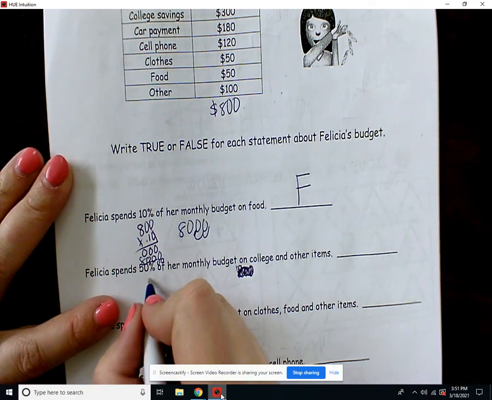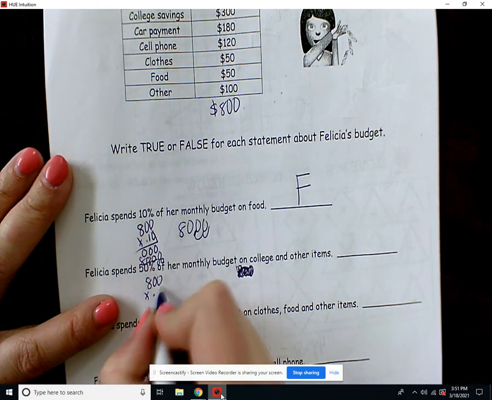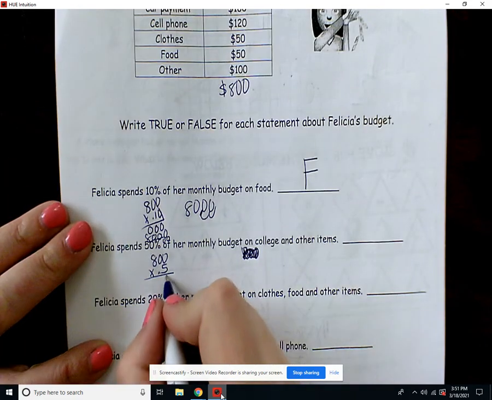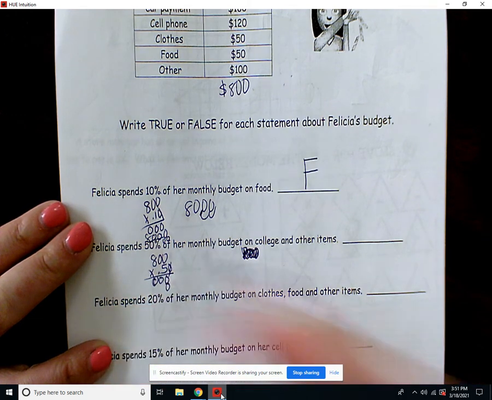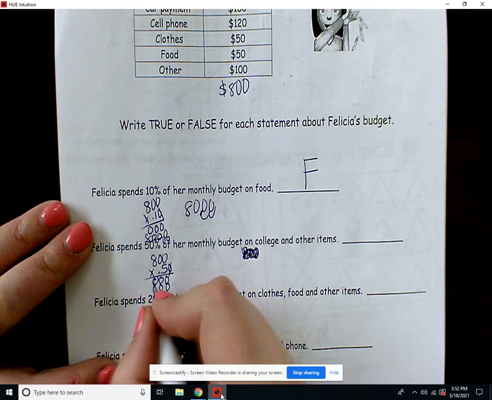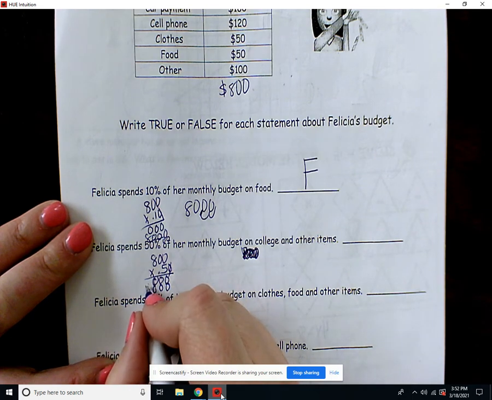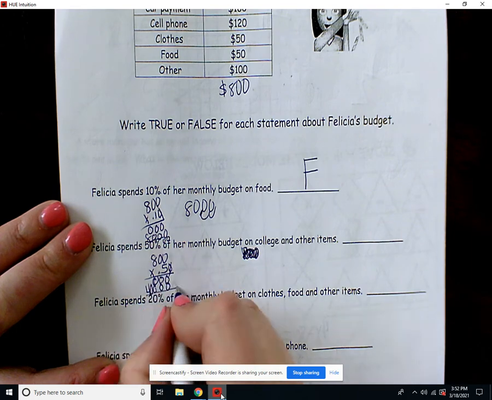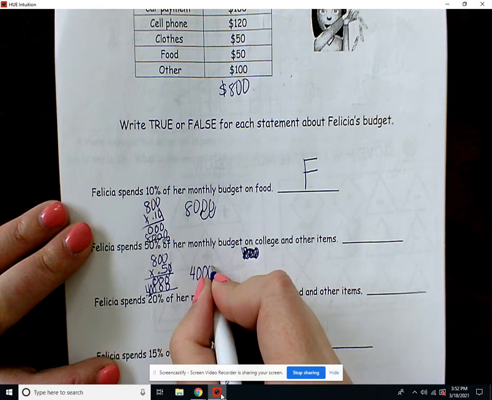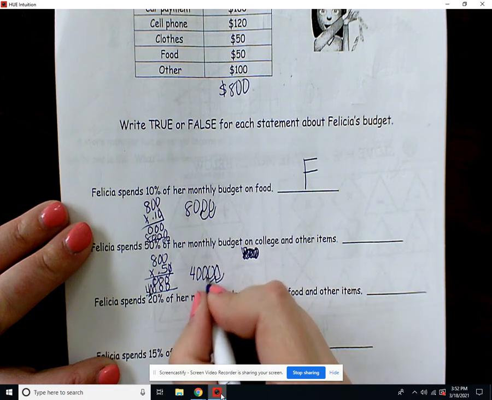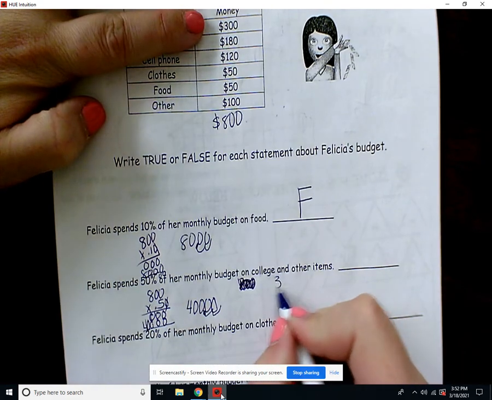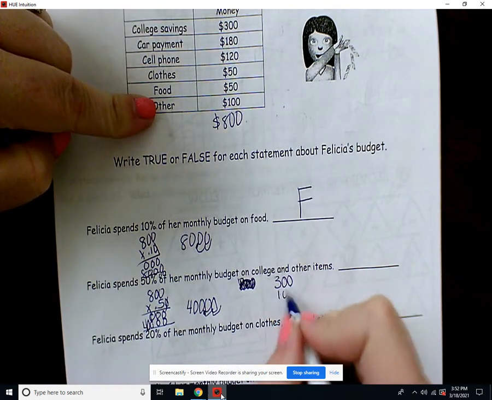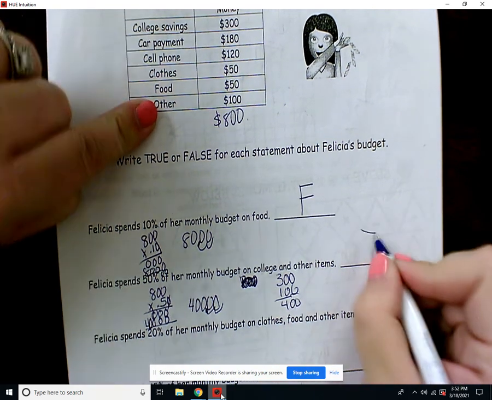So we're going to change it to a decimal, 0.5. Move it over twice, which is 400. So we want college and other items to add up to 400. So college is $300. Other is 100, which adds up to 400, and that is true.